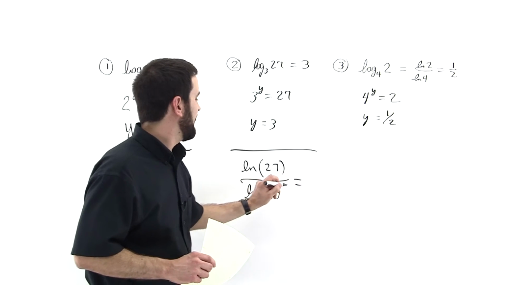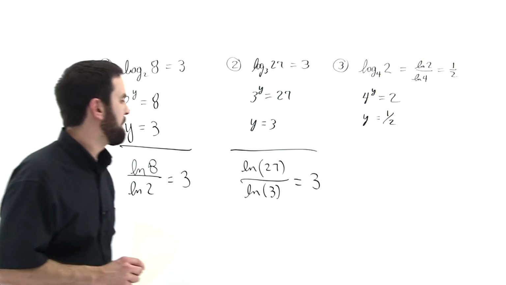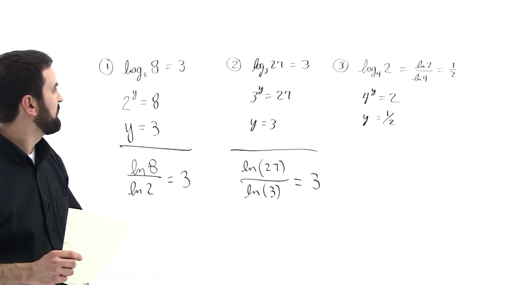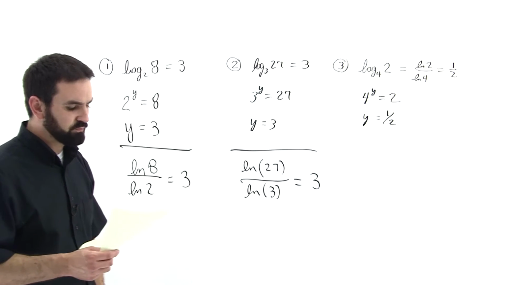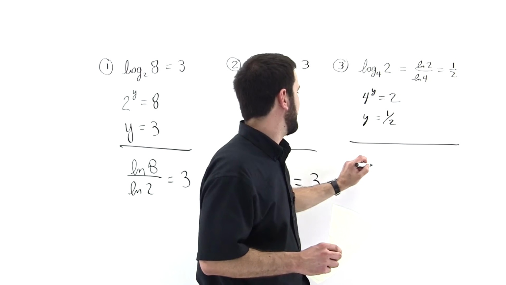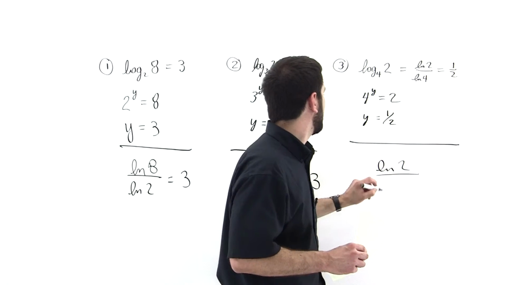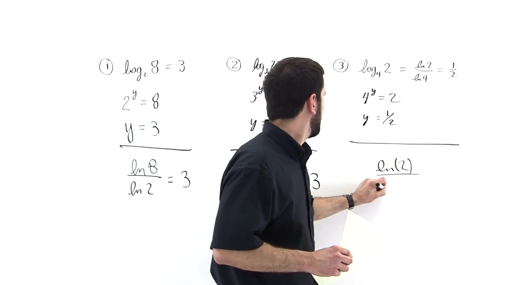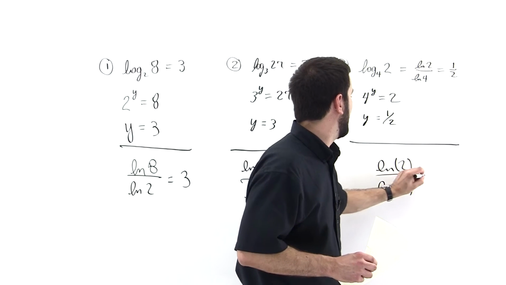Perform this operation, and this will be 3. All right? And then for this one, I already wrote it there, but let me write it down here, natural log of 2, to have it in the same format as the other ones.